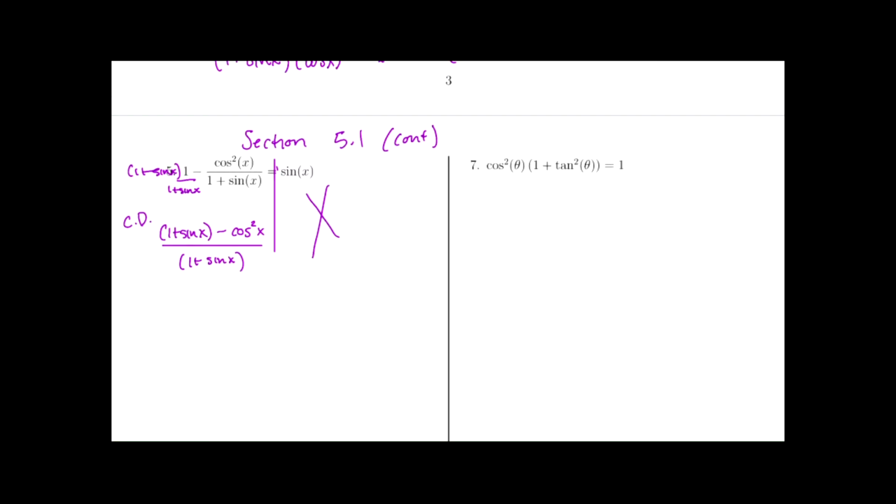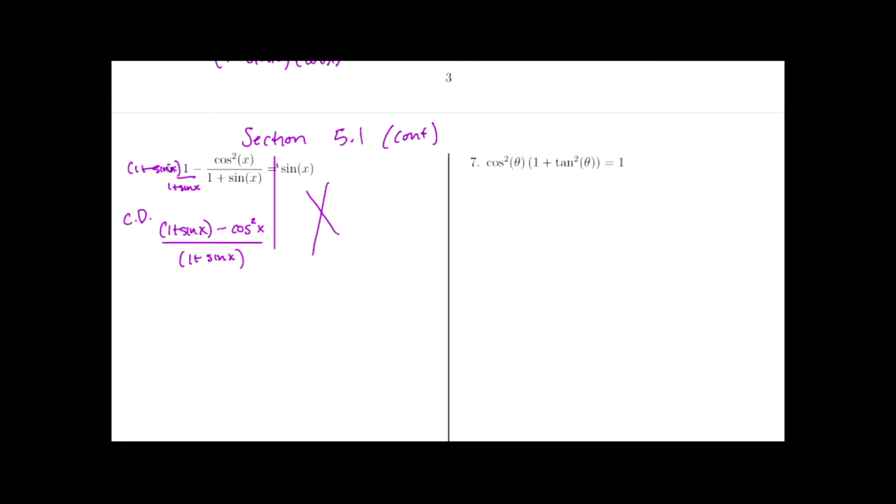Now remember the Pythagorean identity says that cosine squared of an angle plus sine squared of that same angle equals 1. And so what that means is that cosine squared x, we can write as 1 minus sine squared x. And that's what we're going to use here.